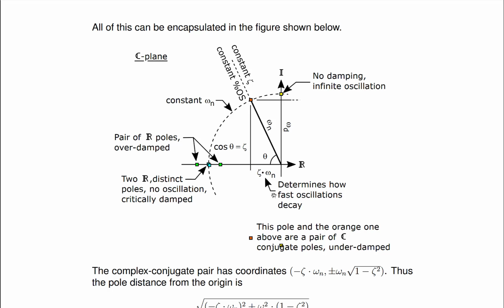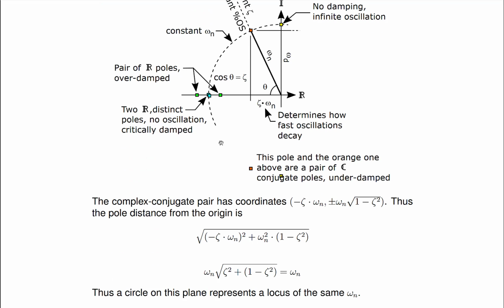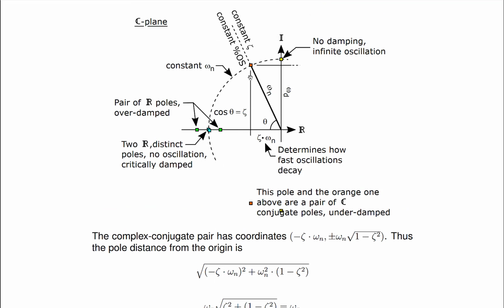Okay. Now there's a lot of things that can be seen from this, and I'd like to make some comments on that. If we look at, say, case 2, the underdamped case, the distance out of that root from the origin, we can see that its coordinates are negative zeta omega n, plus or minus omega n times the square root of 1 minus zeta squared.